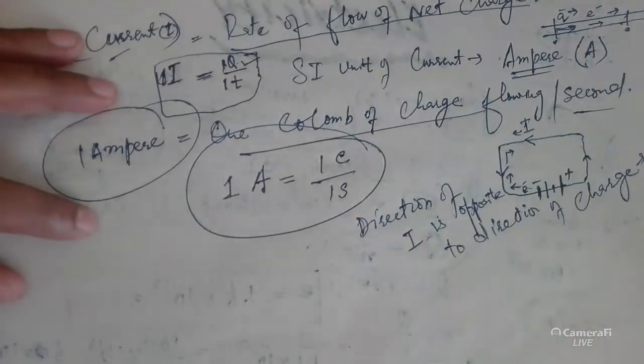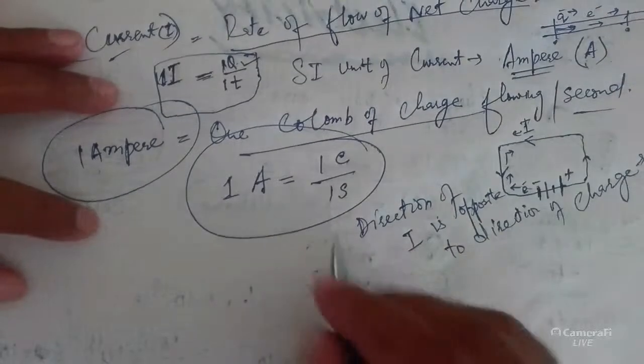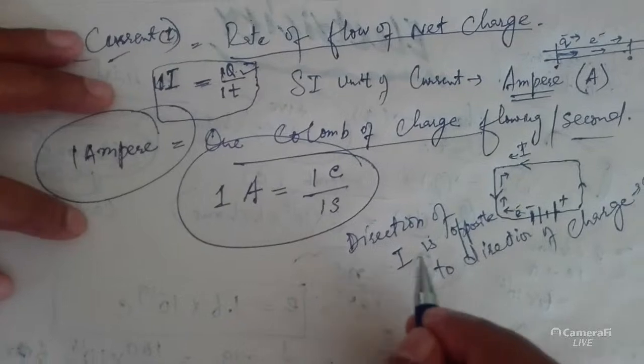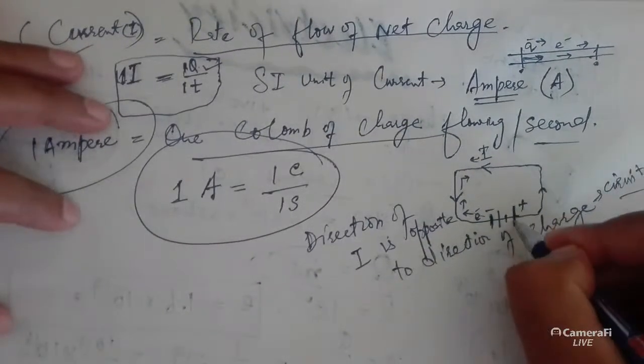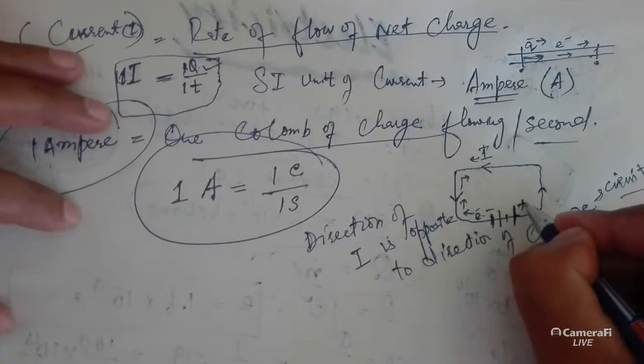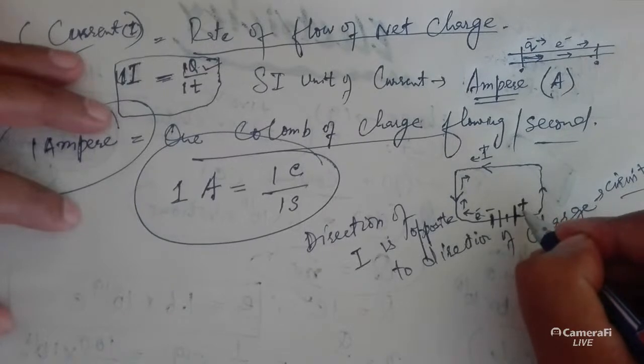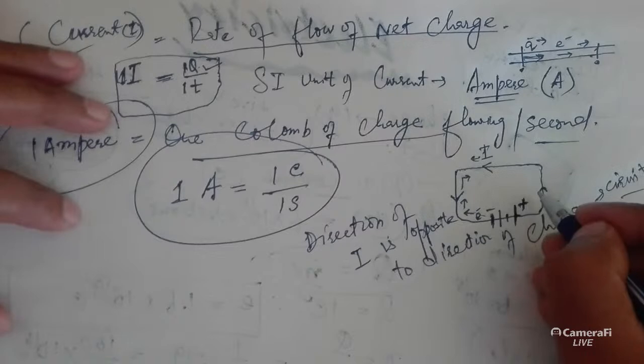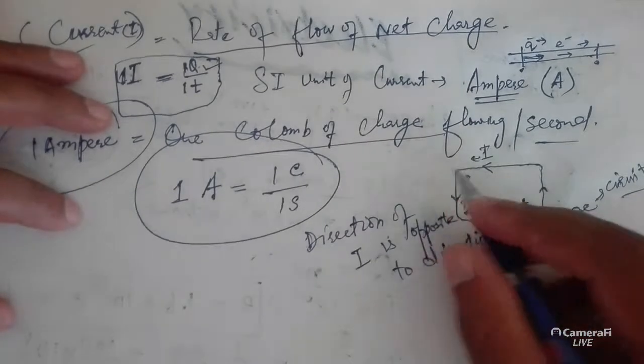Okay, so this current is called conventional current. It flows from the positive terminal of the battery. So the direction of the current will always be from the positive terminal of the battery to the negative terminal of the battery.